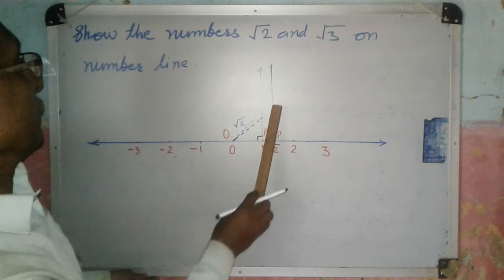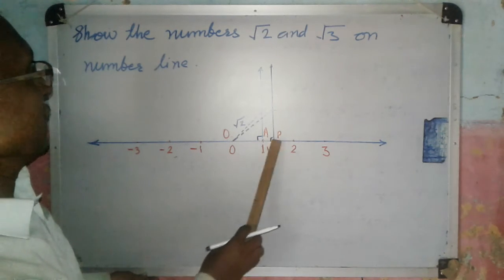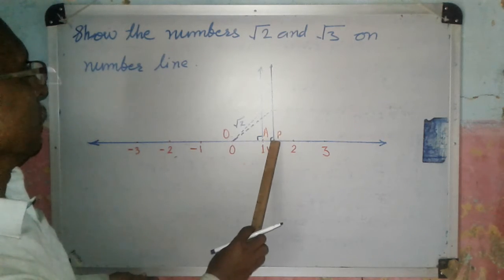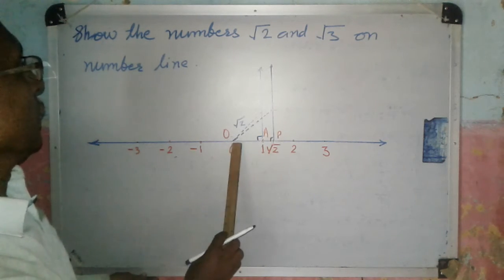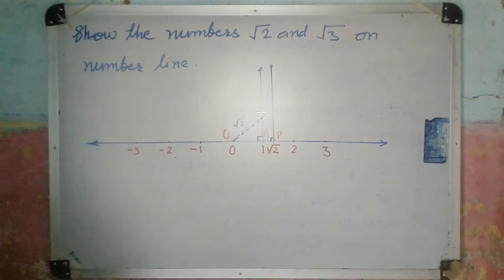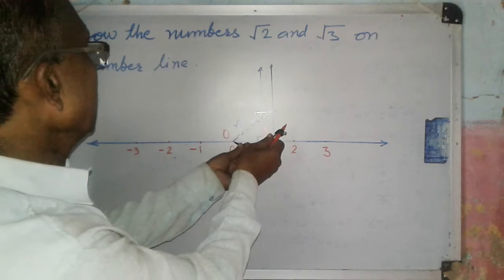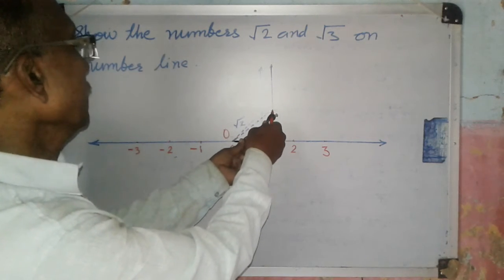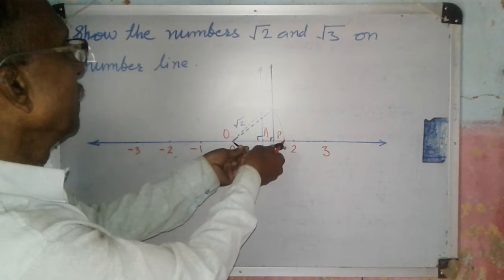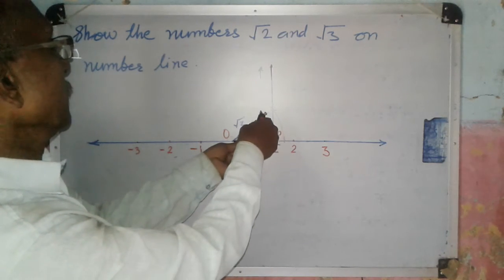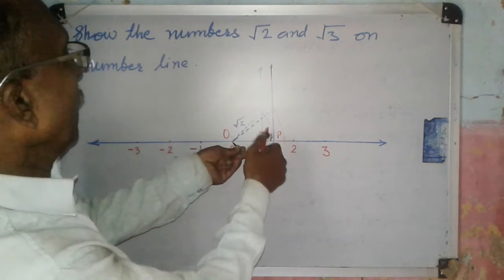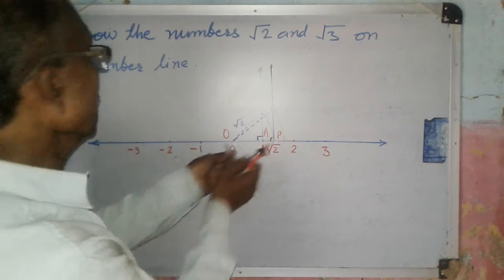Now this is another right angle triangle. According to Pythagoras theorem, this is the hypotenuse. So here this base is root 2 and height is 1. And using Pythagoras theorem, you can calculate this length as root 3. That means this distance is equal to root 3. And take this distance on the number line. Okay, this is root 2, this is root 3, so here is root 3.